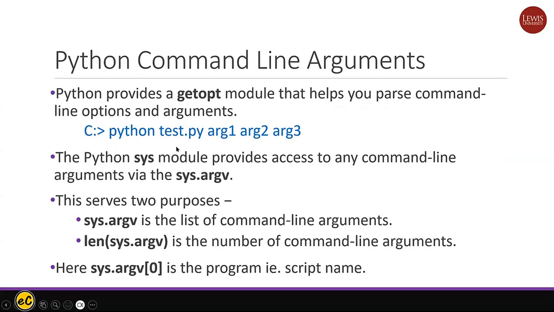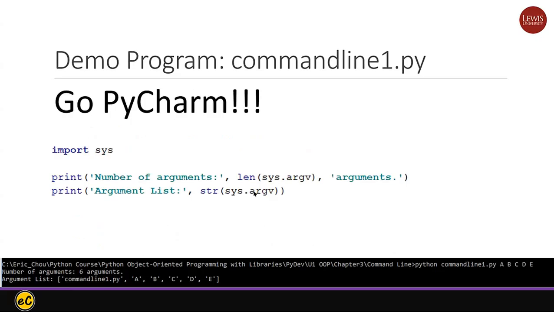Command line arguments: you have Python, then Python global name and arguments. This will be passed into the system variable called sys.argv, the argument vector. You can use the length of sys.argv to figure out how long it is. So import sys and then you print out the length of the system argument.